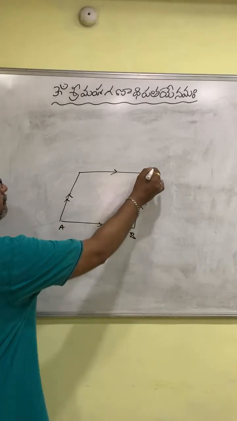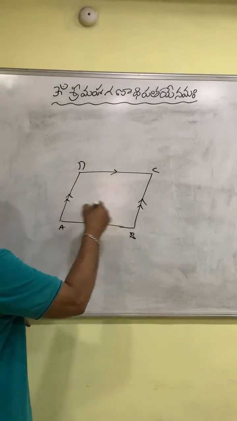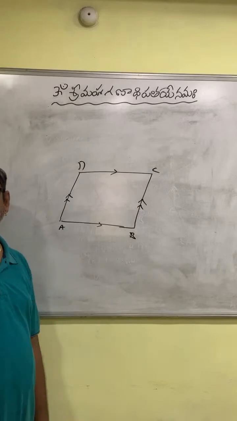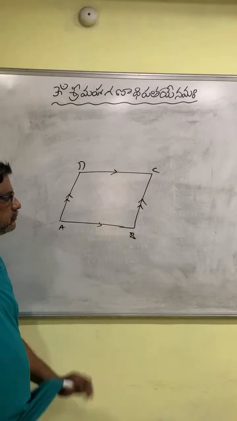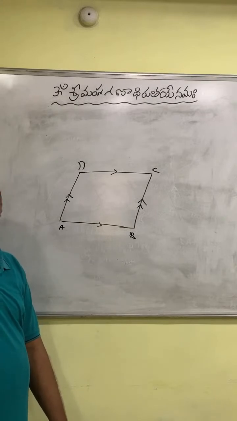AB parallel to CD and AD parallel to BC. Okay na? Both pairs of opposite sides are parallel.